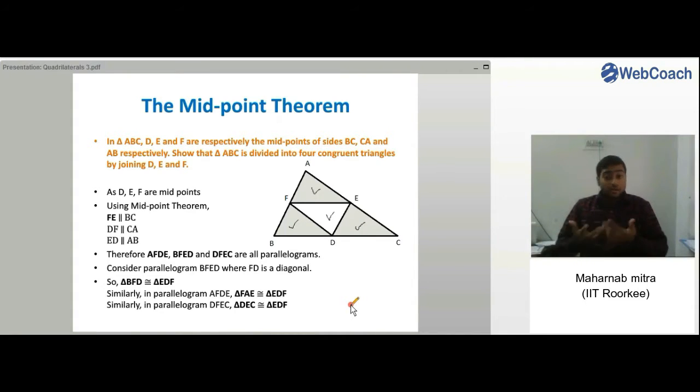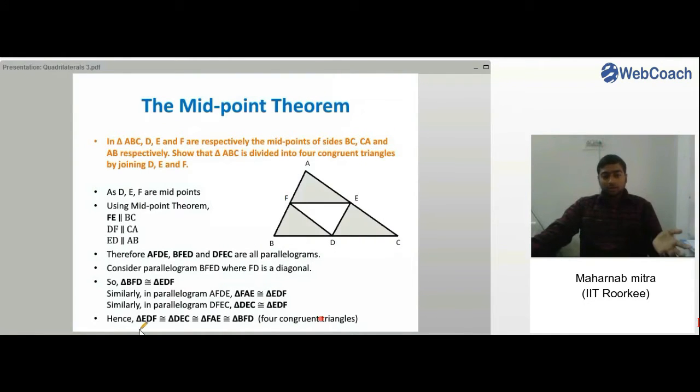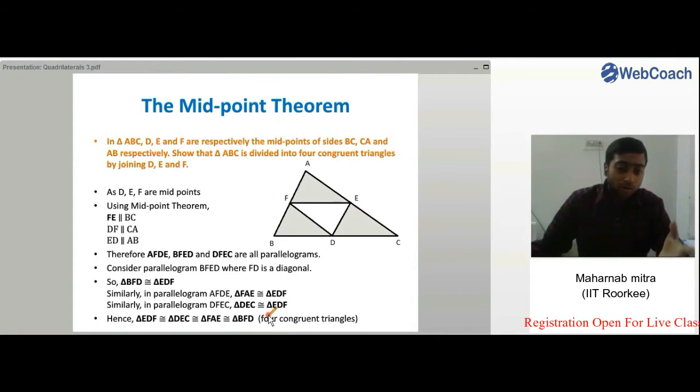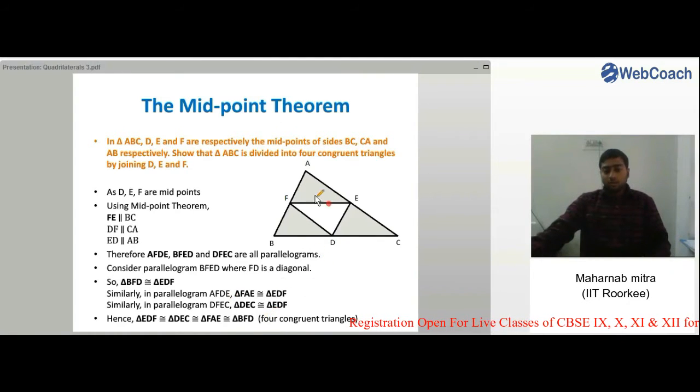Because the central triangle connects them all by the same rule of congruency. Hence, all the triangles are congruent to each other, right? All the smaller triangles, this one, this one, this one, and this one, are congruent to each other.